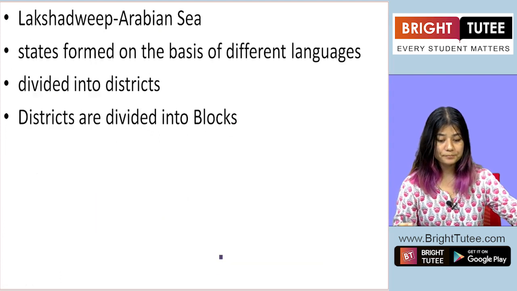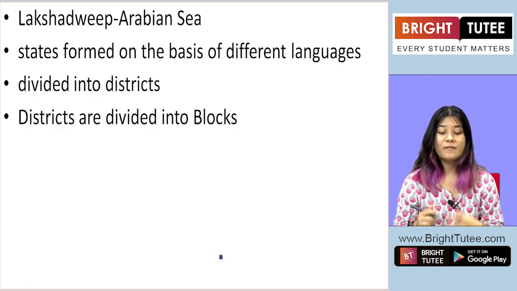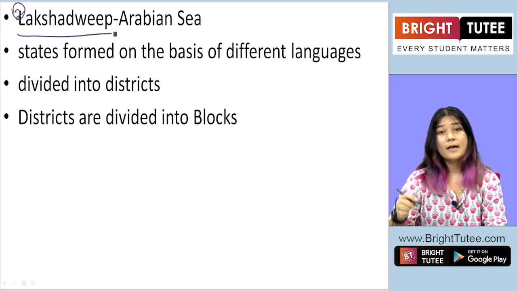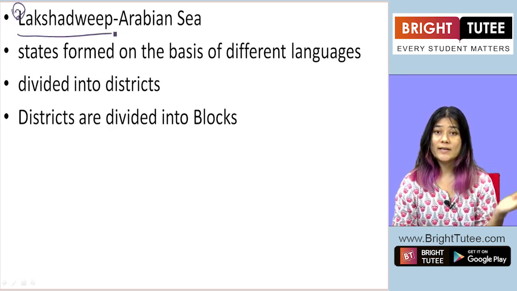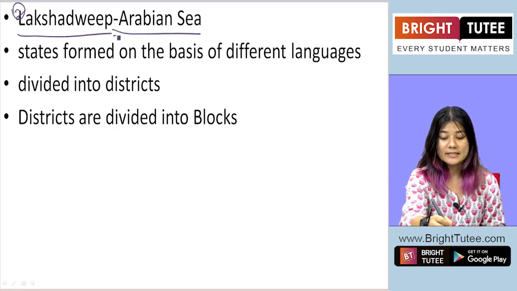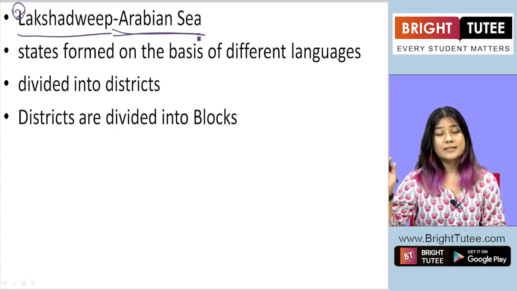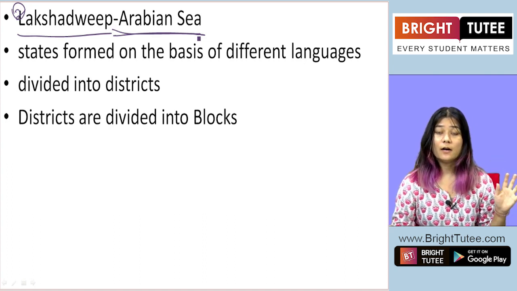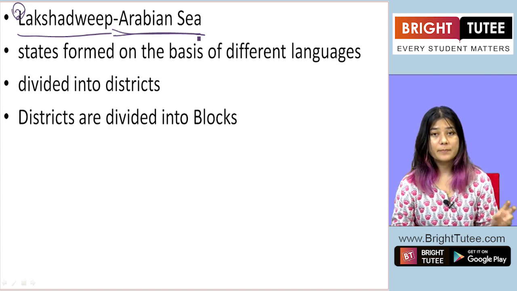Another group of islands is called Lakshadweep, located on the western side in the Arabian Sea. So on the east is Andaman and Nicobar Islands and on the west is Lakshadweep.